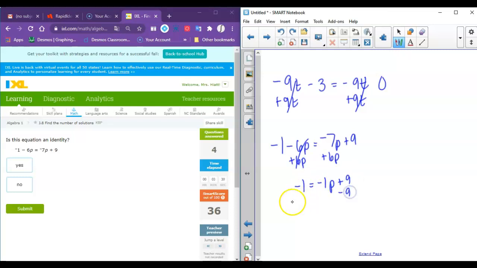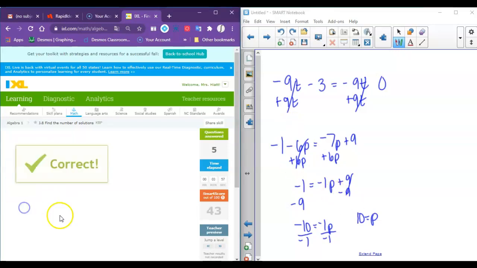I could subtract that 9 from both sides, so I'd get negative 10 equals negative 1p, divided by negative 1, and 10 is my p. That is an answer. So if an equation has an answer, then it has one solution. It is not an identity. You're only going to have an identity whenever you have infinitely many solutions. So this one would be a no.